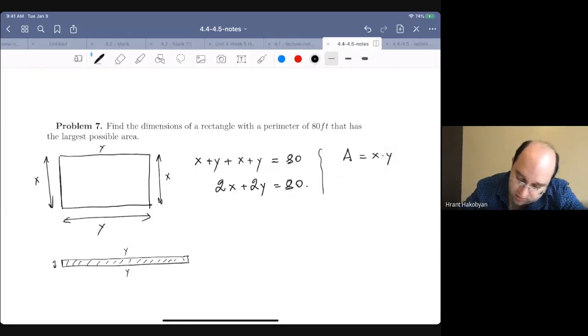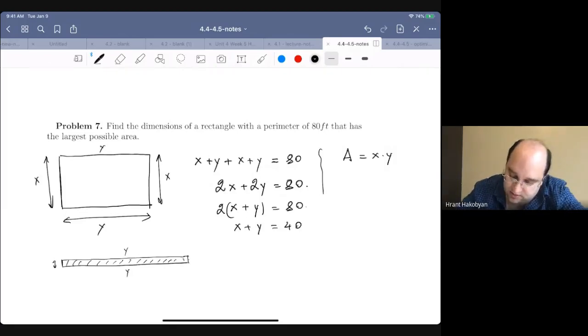I have x plus y times 2 is 80. So x plus y is 40, dividing both sides. So that means y is equal to 40 minus x.